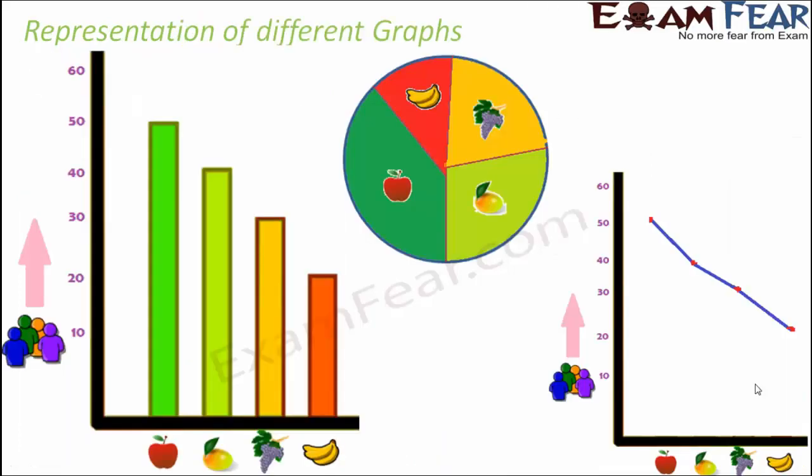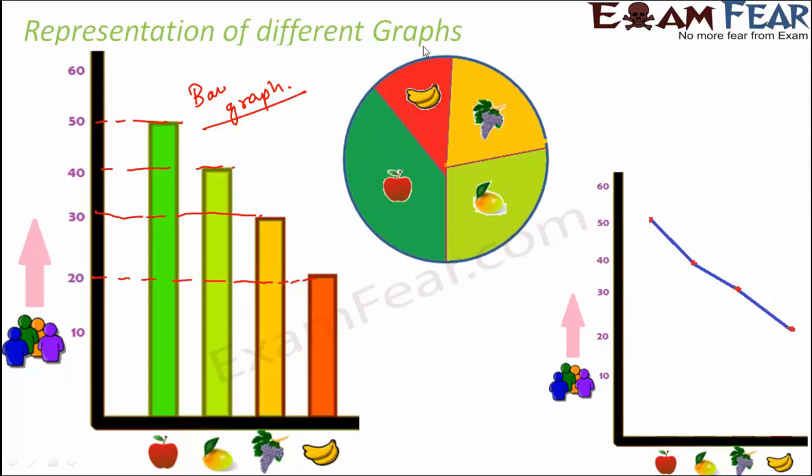So let us look at the representation using different types of graphs. So we have taken the same example of the favorite fruits of the students of class 7. Let's say, so here you see this was the graph. This was the bar graph which I had discussed in the previous slide. So in the bar graph, we saw that 50 students like apple, 40 of them like mango, 30 of them like grapes, and 20 of them like banana.